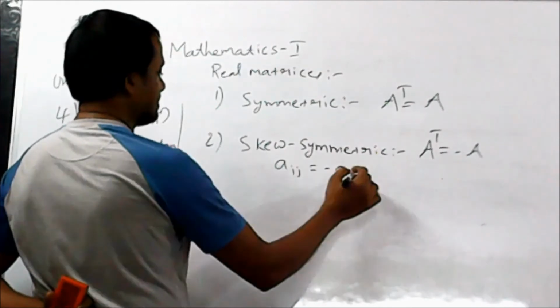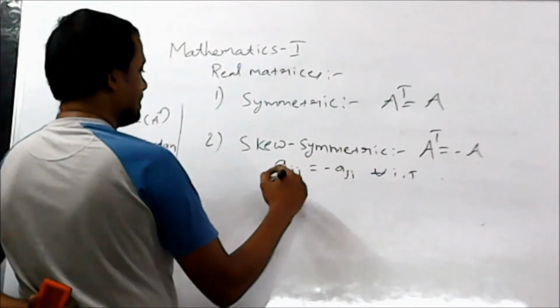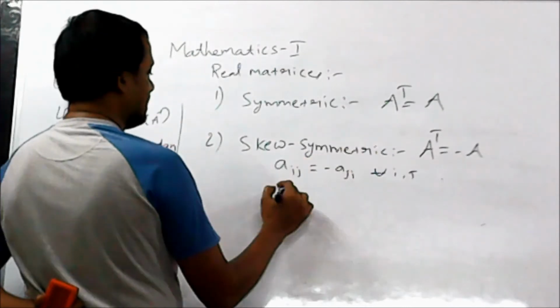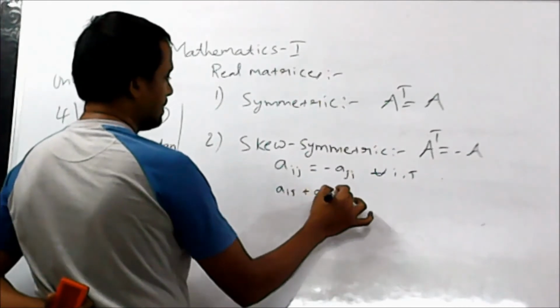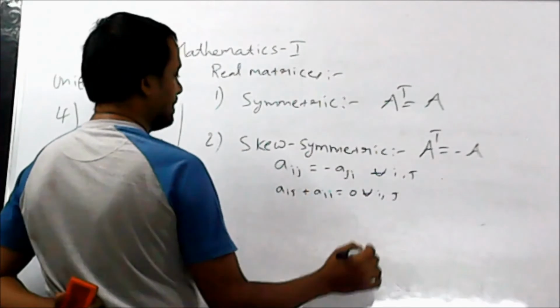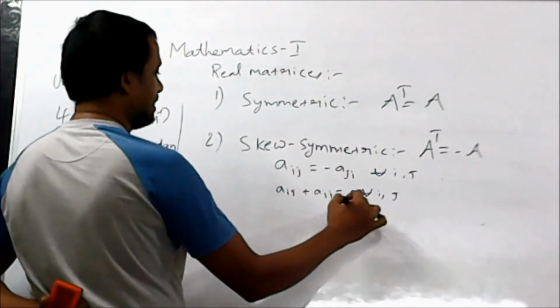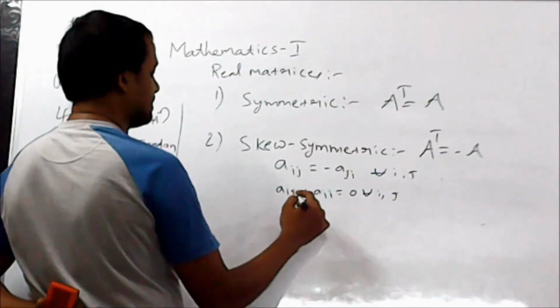a_ij equal to minus a_ji for all i, j. If you take the left hand side to the right hand side, what happens? a_ij plus a_ji is equal to 0 for all i, j. If i equal to j, in the diagonal positions, what is the diagonal? 1,1, 2,2, 3,3. So in the diagonal positions, i will become j.